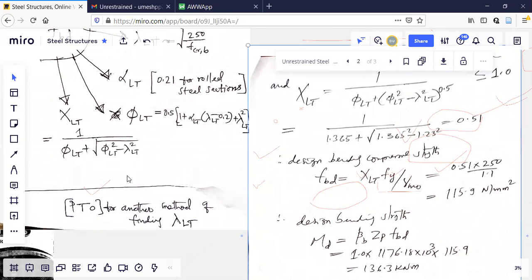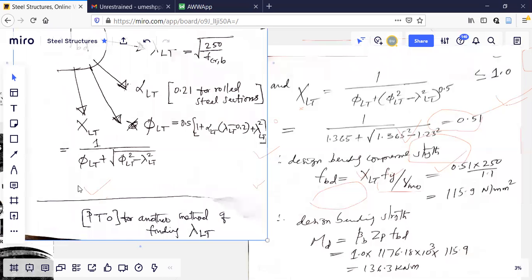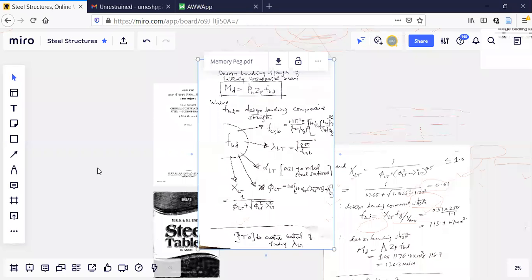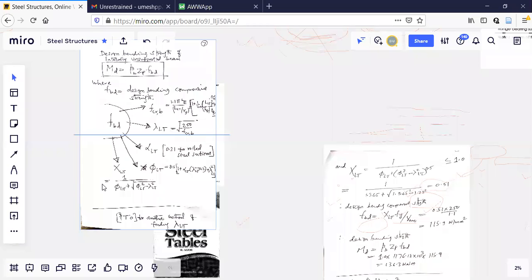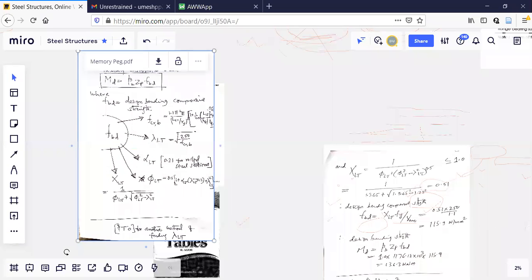Now after finding chi LT, I should have written here that last formula. That is how I'm arriving at FBD. I'll write it here, scan it again and send it. That is FBD. I will write it in this page also. Finally I'll write FBD because FBD has to be calculated and substituted here.